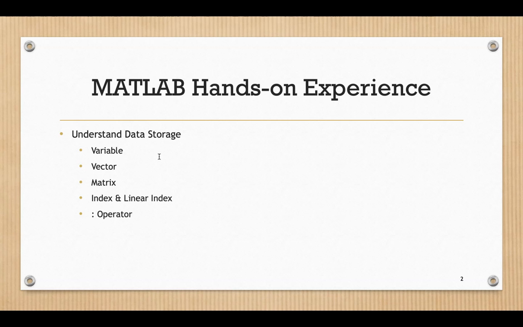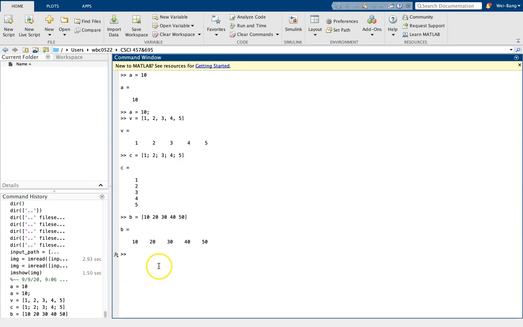The third topic is the matrix. A matrix is a combination of rows and columns. So assume we want to create an M. The variable M is a matrix. Still the same, we start with the square bracket. We create the first row first.